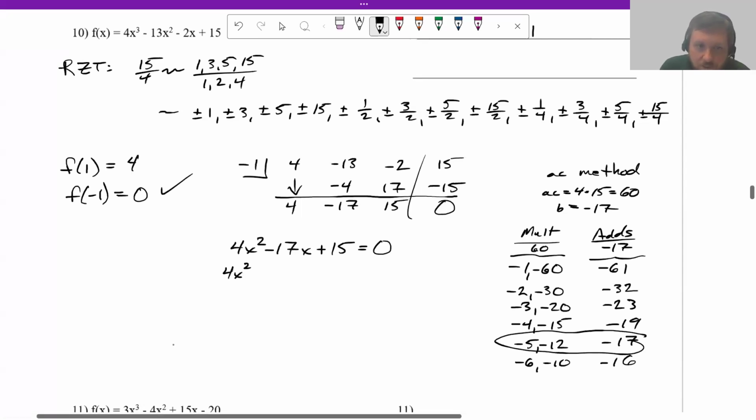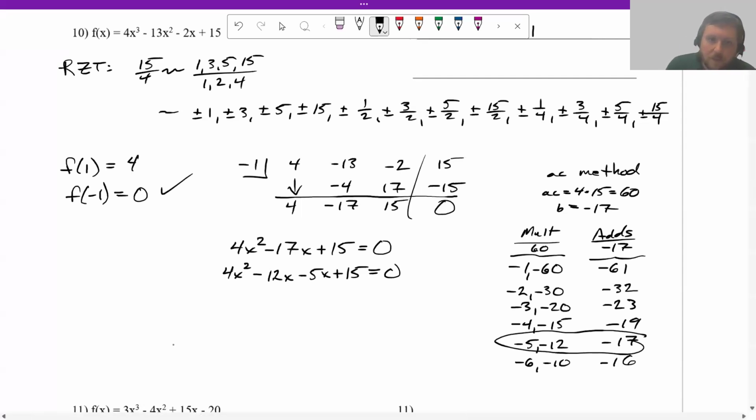Now you could just stare at the -17 and maybe something will pop out of your mind. And then I do factor by grouping if I do it in this style.